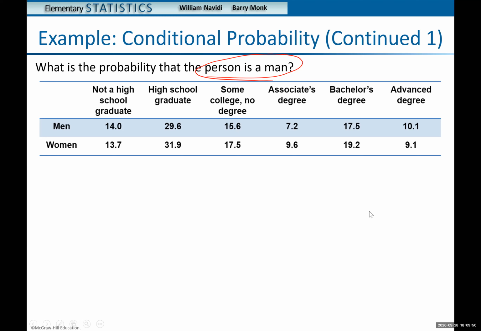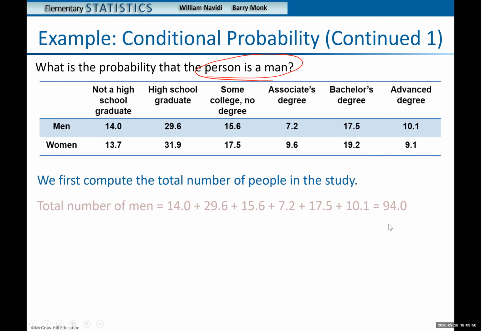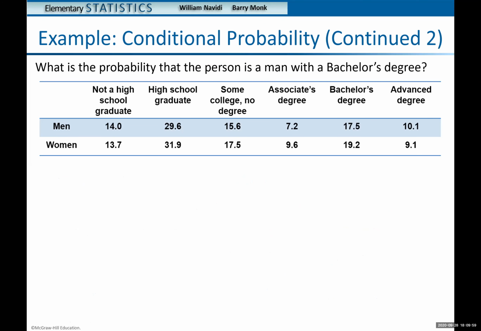So that's a basic property of probability, right? We did this last time. How about the next one? What is the probability that the person is a man with a bachelor's degree? A man with a bachelor's degree.